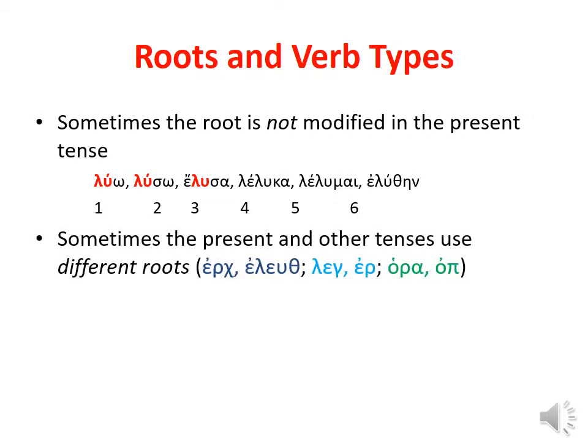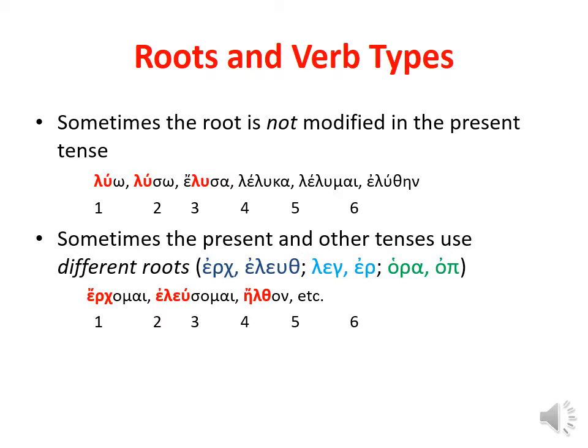Sometimes the present tense will use a different root from the root of other tenses. And we've seen this with three verbs so far. Erchomai in the future uses eleusomai, lego in the future uses ero, and horao in the future uses opsomai. So you see there, we're actually using different roots.